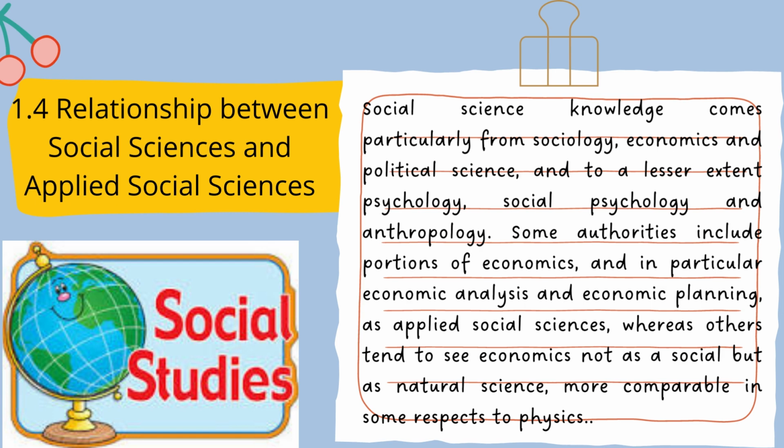Si applied lang is what? Based sa ating presentation, si social science is a knowledge that comes particularly from sociology, economics, and political science, and to a lesser extent, pwede pod sa psychology. Okay?